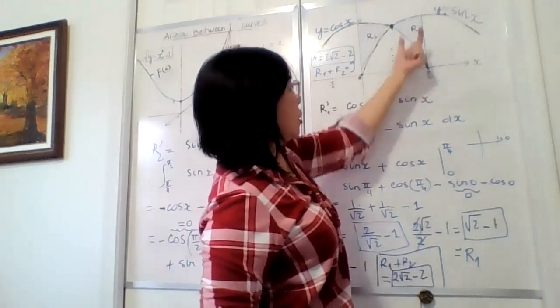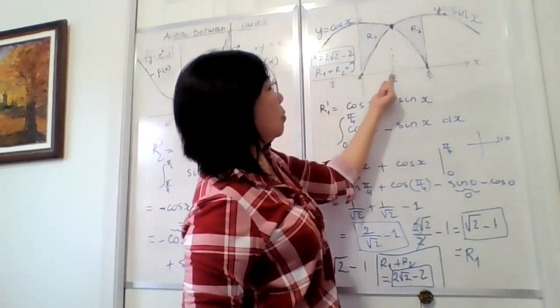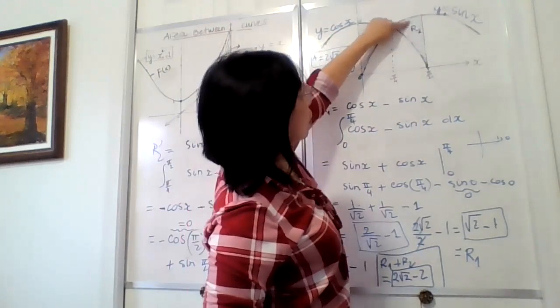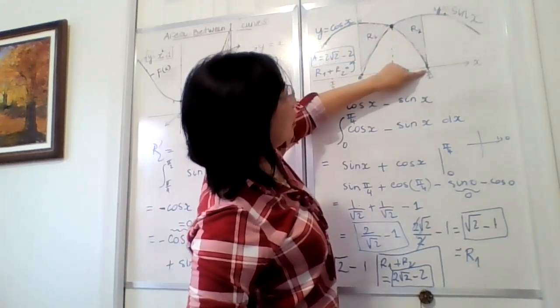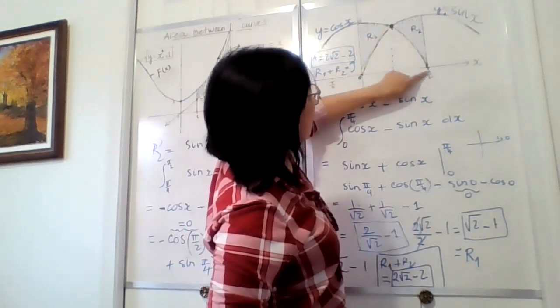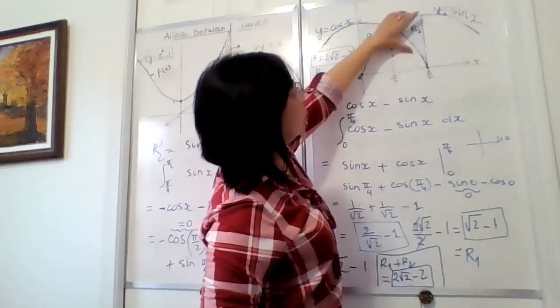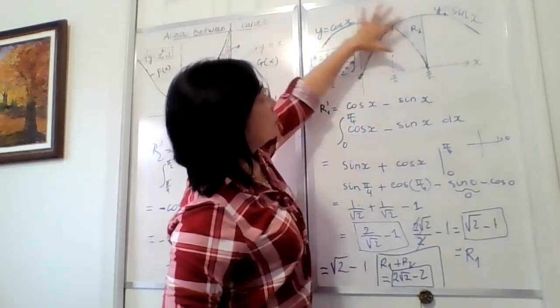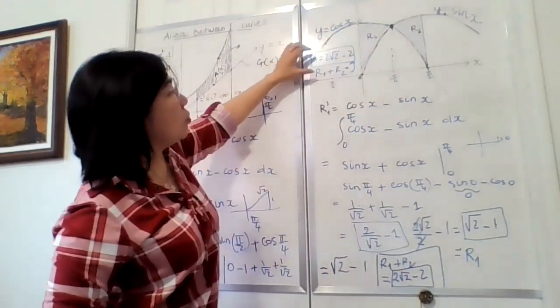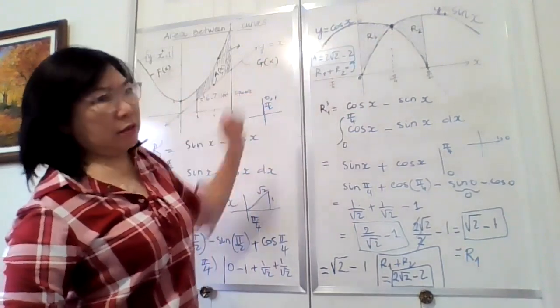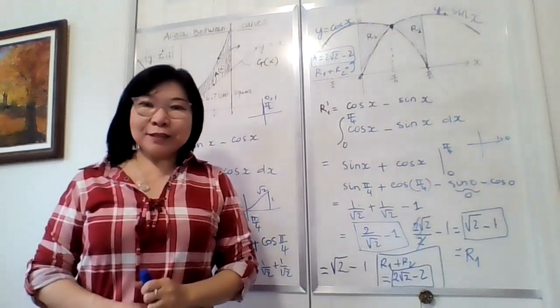If you take this region, you integrate from pi over 4 to pi over 2, because this curve is above that curve. Then at the end, you add the two regions together, and that's the answer. I hope it's very clear to you.